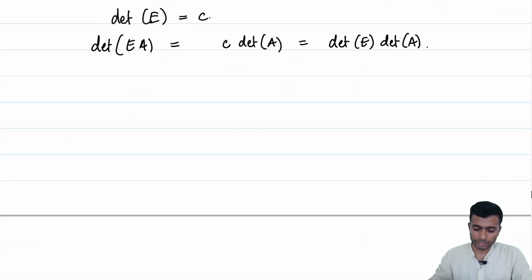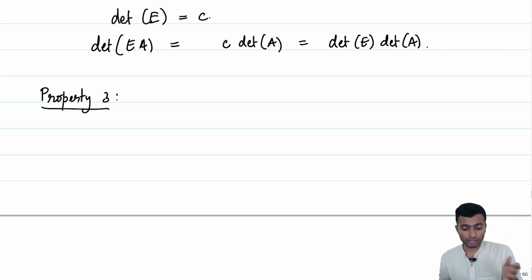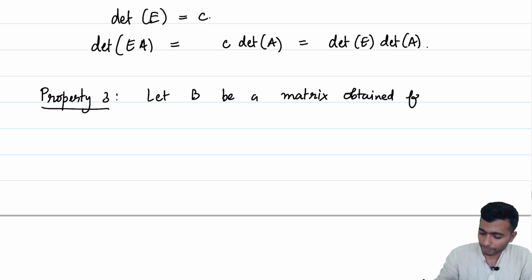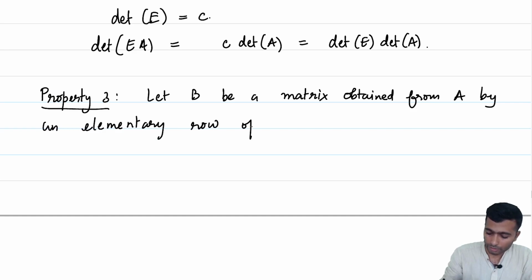Alright, so let us now look at property 3. This should certainly concern the elementary row operation of type 3. So, let me just write it like this: let B be a matrix obtained from A by an elementary row operation of type 3.